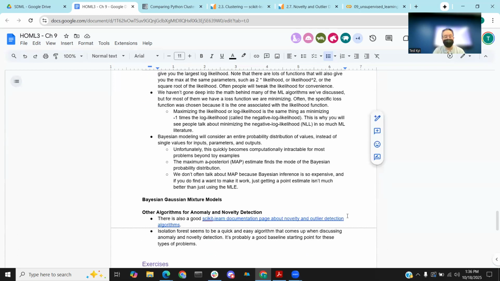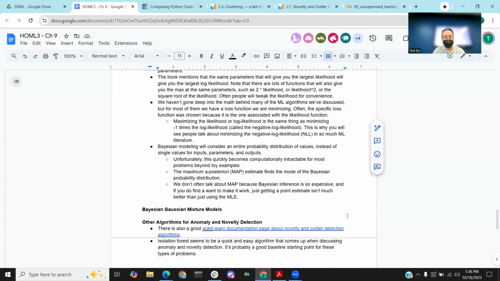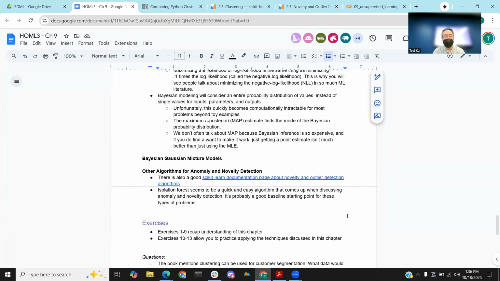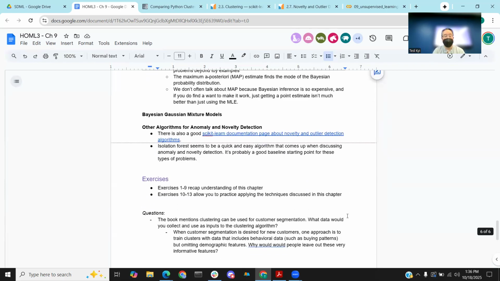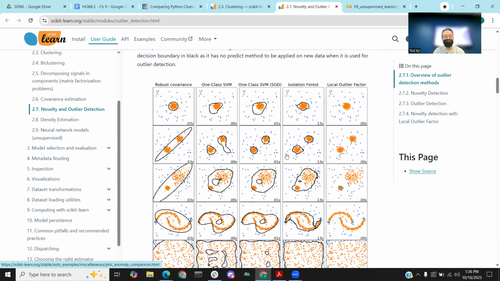All right, so that was my little side comment on maximum likelihood and whatnot. The book mentions some other algorithms for anomaly and novelty detection. And again, Scikit-Learn has a pretty good page on this. You can see here are 5 different algorithms and some different data sets and what they consider in distribution and what is out of distribution.